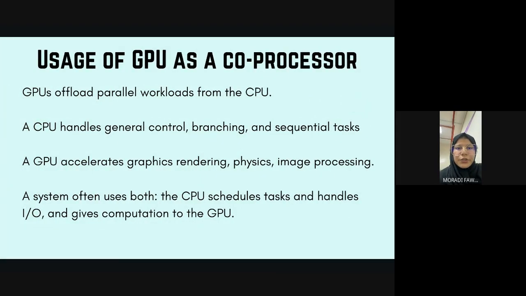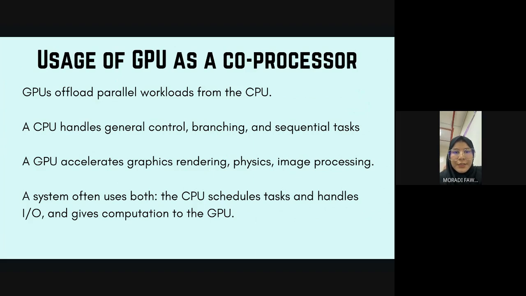Here is the usage of GPU versus co-processor. GPUs offload parallel workloads from the CPU, and a CPU handles general control, branching, and sequential tasks.